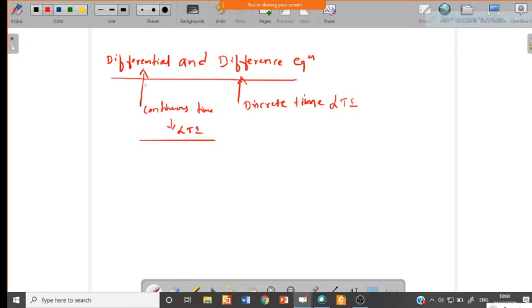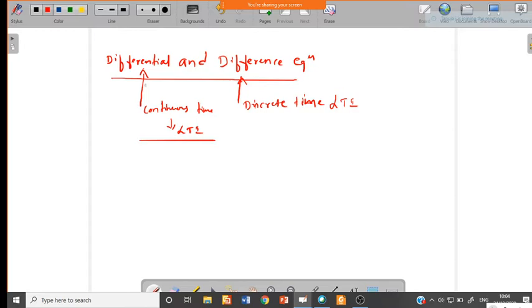And the right hand side will be summation k equal to 0 to n, d_k into d^k x divided by dt^k.